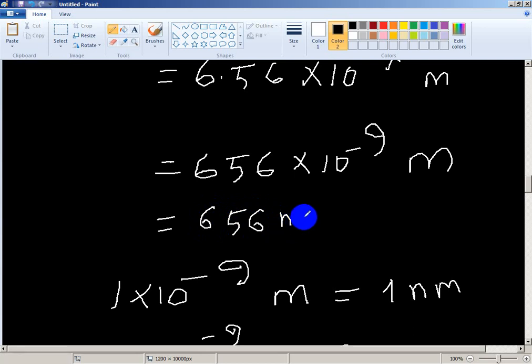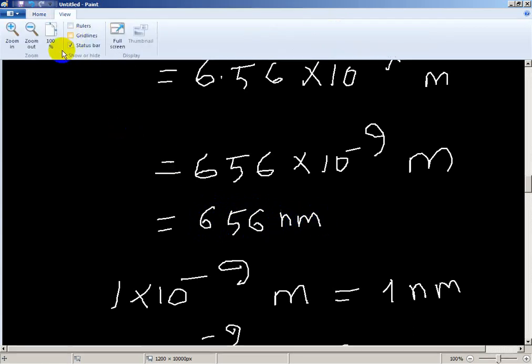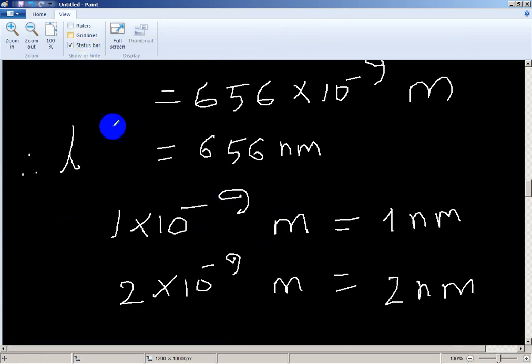Okay, we have converted meter into nanometer. So our wavelength lambda equal to 656 nanometer.